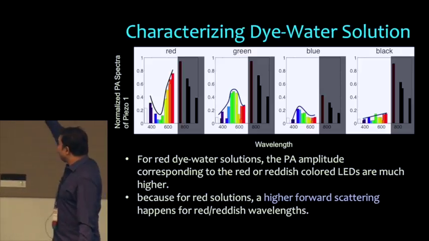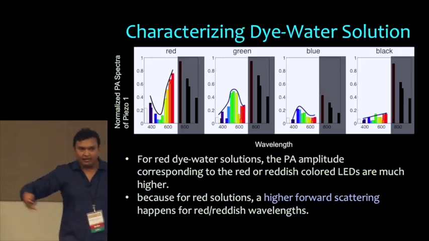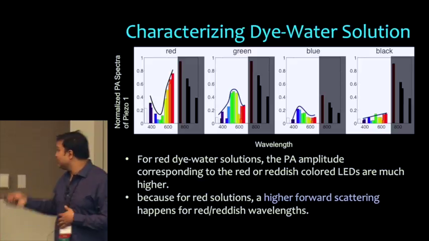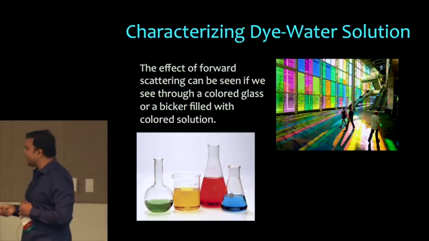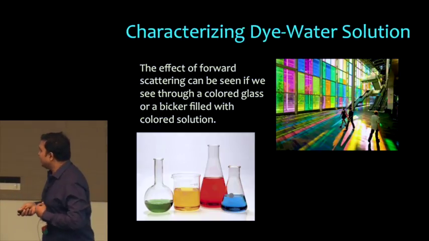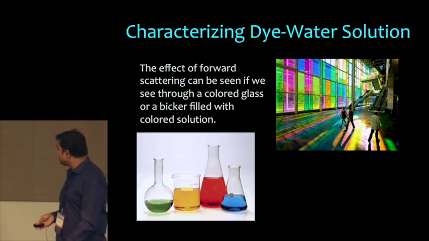In fact, the same thing you can see for other colors like green and blue. And for black, as we expect, black is a good absorber, or it won't let any light through it, so it yields a very low photoacoustic signal. In fact, we can expect the same effect of forward scattering if we see through a colored glass or a beaker filled with colored solution, right?